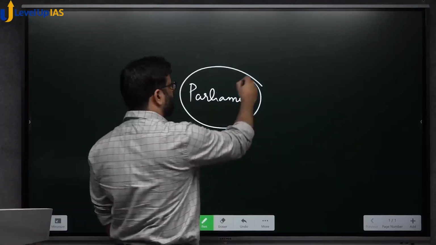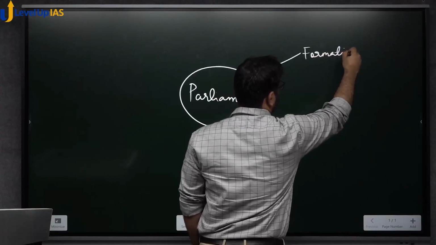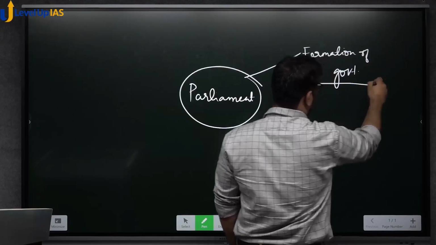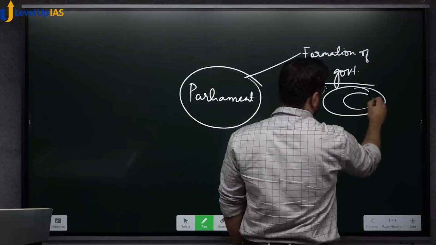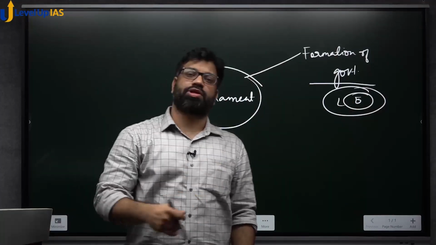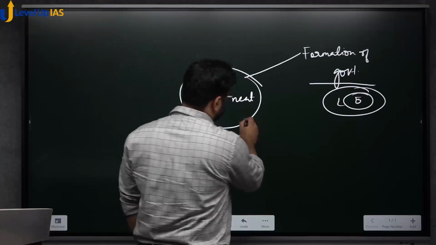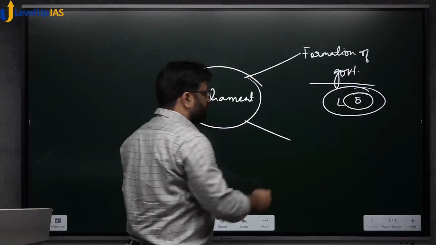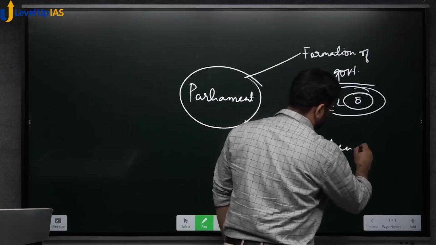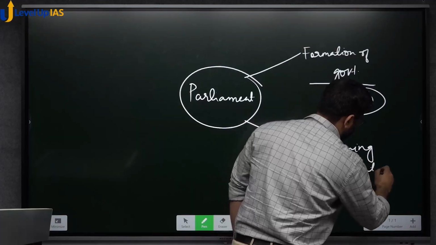So basically the first function of parliament is formation of government. We follow the parliamentary system in which the executive is a part of the legislature. As such, formation of government is the very first function of parliament. Then, other than that, you will see functions like ascertaining the accountability of the government.